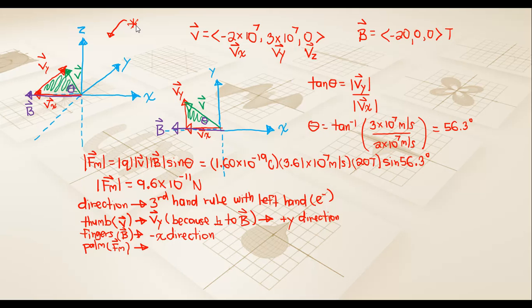You then point your fingers in the negative X direction, towards the left side of the page. So with your left hand, your fingers point left, the direction of the magnetic field, the negative X direction. Your thumb points in the direction of the component of the particle's velocity perpendicular to the field, into the page in the positive Y direction.